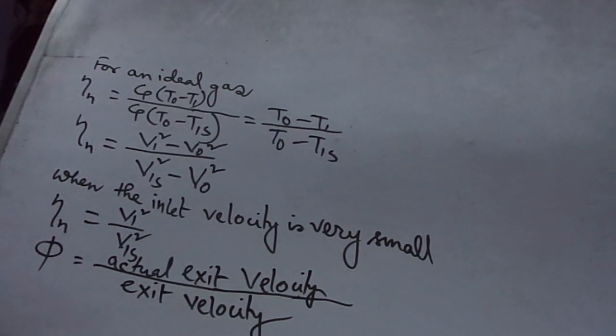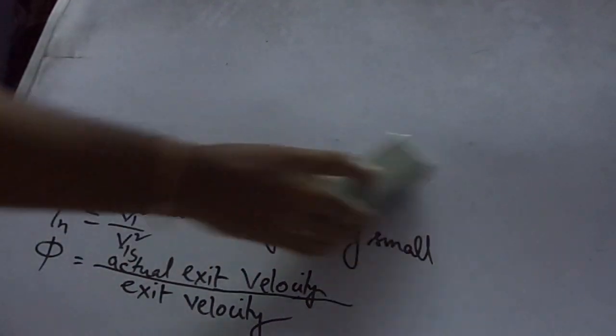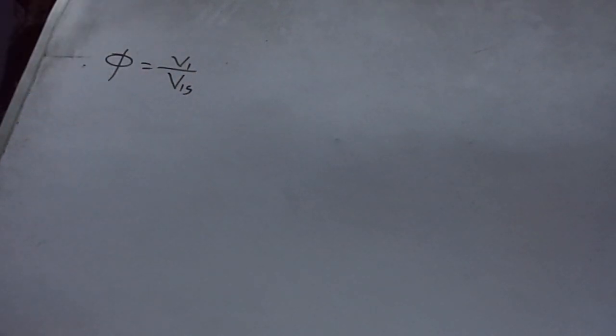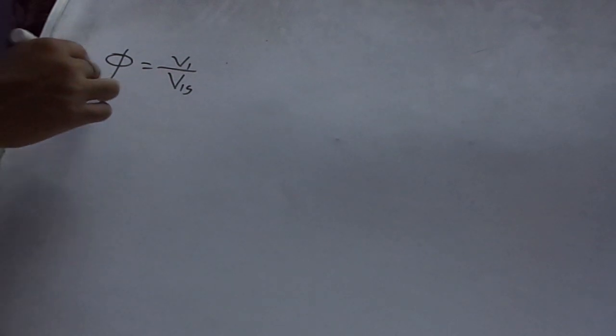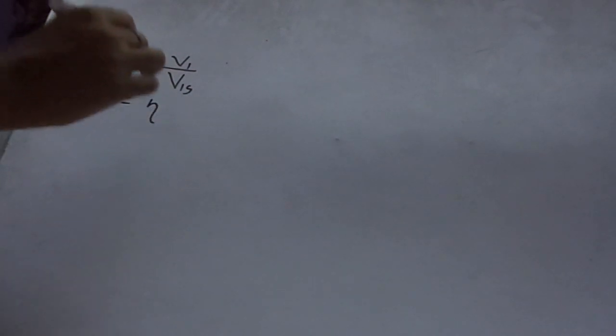So phi is equal to V1 divided by V1s. Therefore, phi is equal to eta n to the power half.